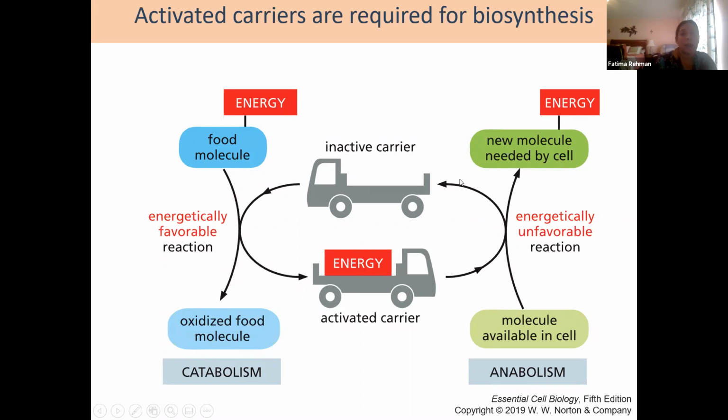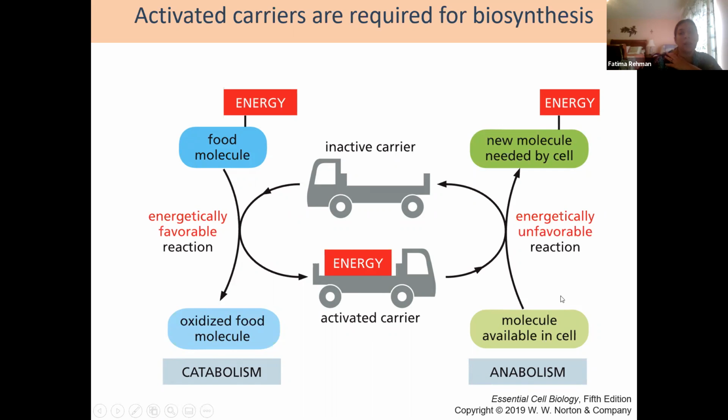And so activated carriers of energy in the form of ATP, GTP, FAD, and NADH, all of those are required to take energy that is produced from catabolism of food as it's broken down, and those energy molecules are released from the chemical bond breaking, and they transfer that energy to these activated carriers that can then power those anabolic pathways or anabolic reactions, where we have these small building blocks that are then combined together to make new molecules needed for the cells.